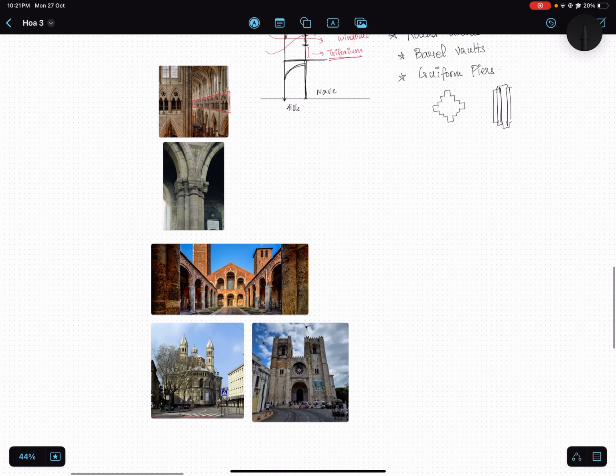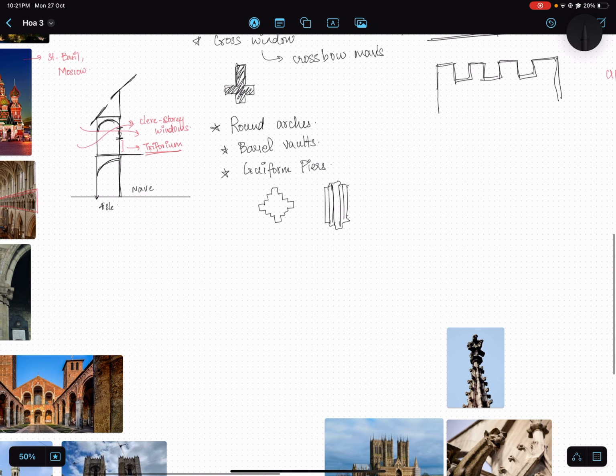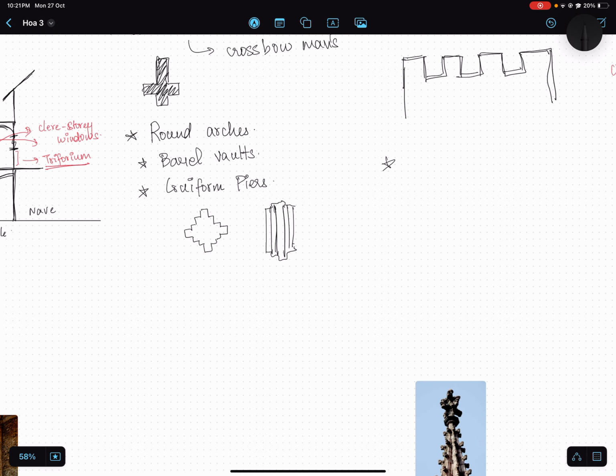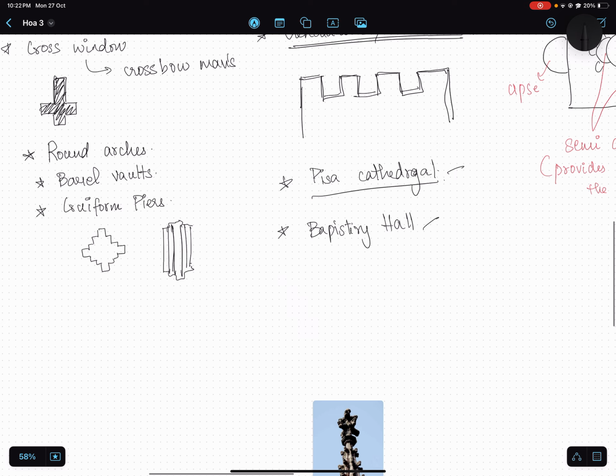And let's talk about examples of Romanesque architecture. The one famous example that almost all of us know is the Pisa Cathedral. So they had the baptistry hall, the cathedral, and the bell tower.